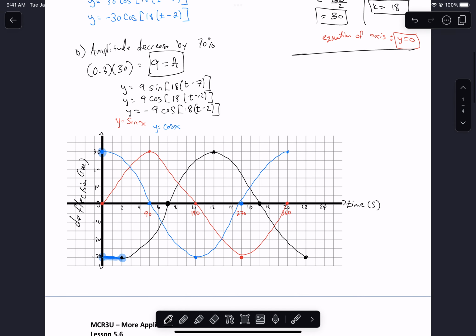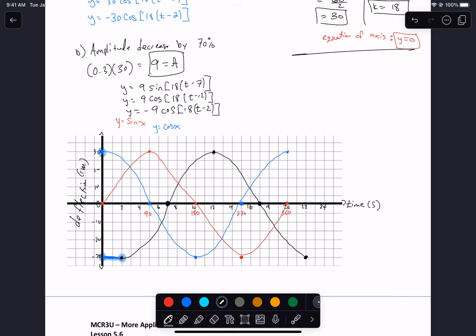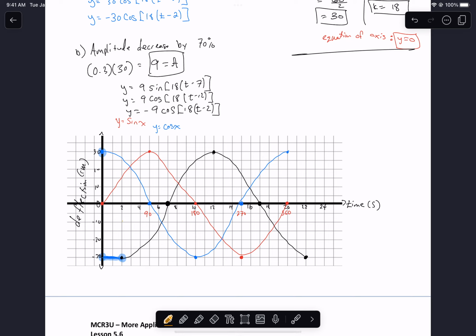If I were to regraph this as it asks me to in part C, that black graph is now going to go to an amplitude of 9, but the period is going to stay the same. So it still follows the same points, but you can see what happens to the graph this way.